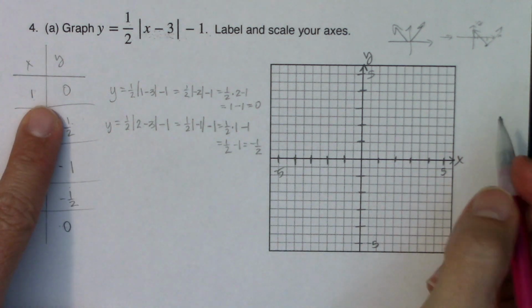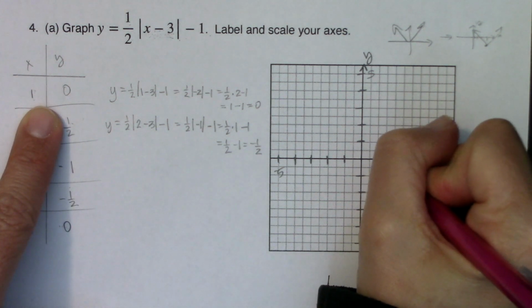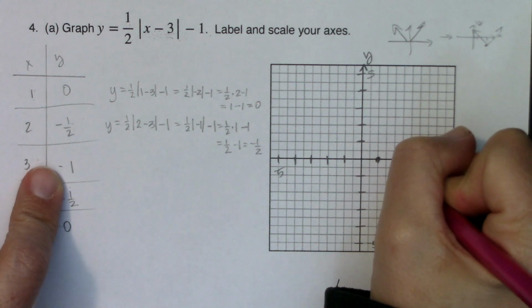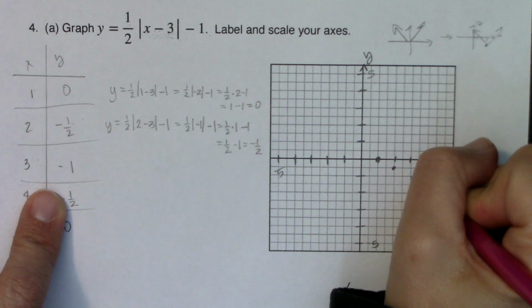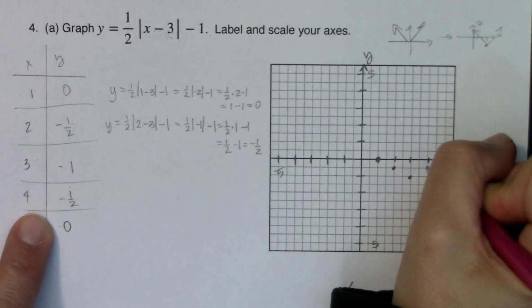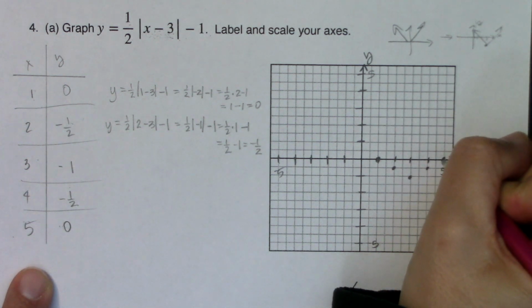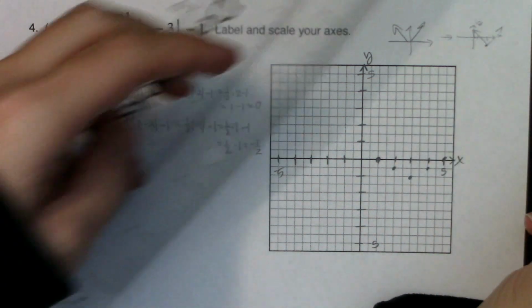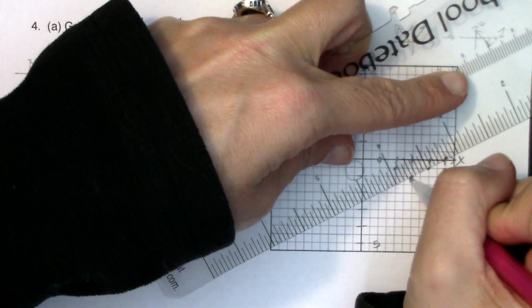Okay, so the first ordered pair I have is 1, 0, right? Then I have 2, -1/2. Then I have 3, -1, and then 4, -1/2, and then 5, 0. And I can see my V showing up, which is a good thing, right? That was my gut feeling, right?